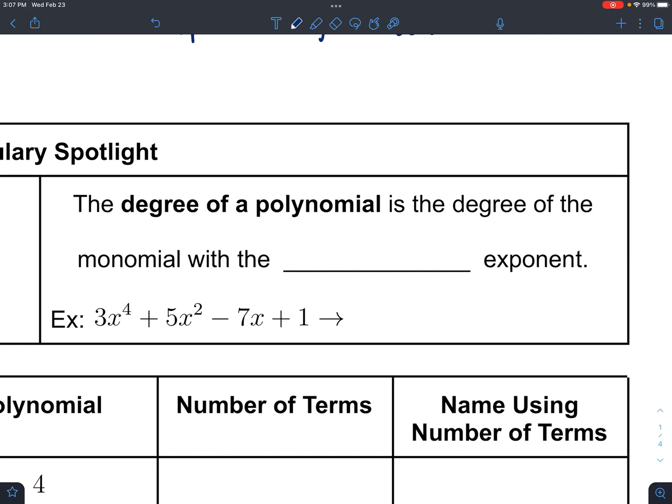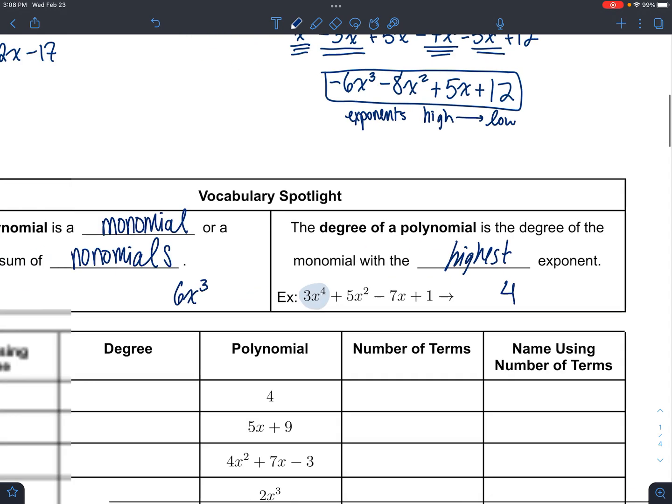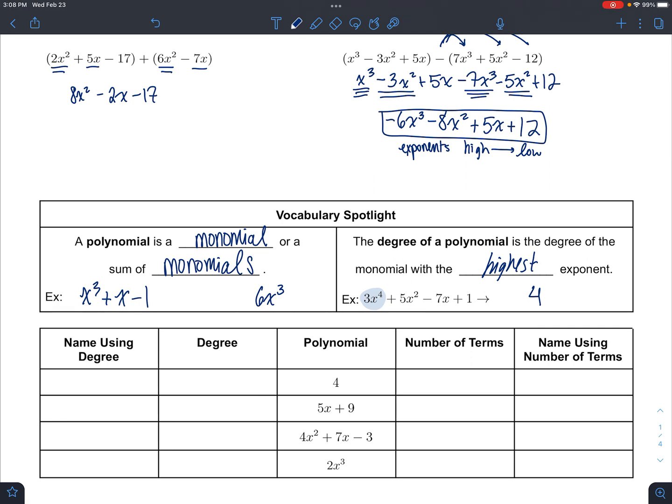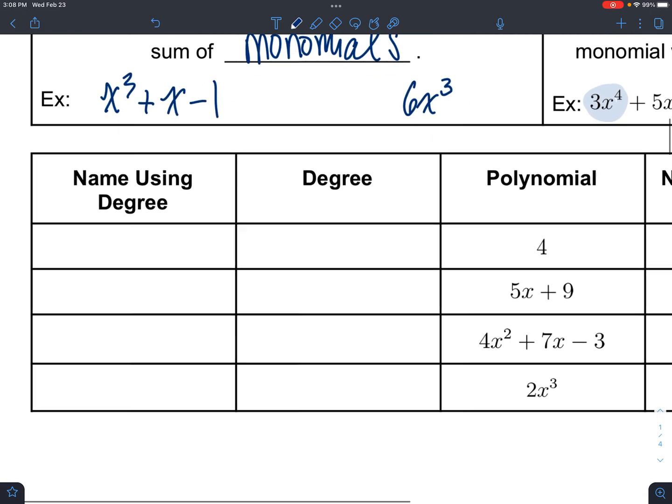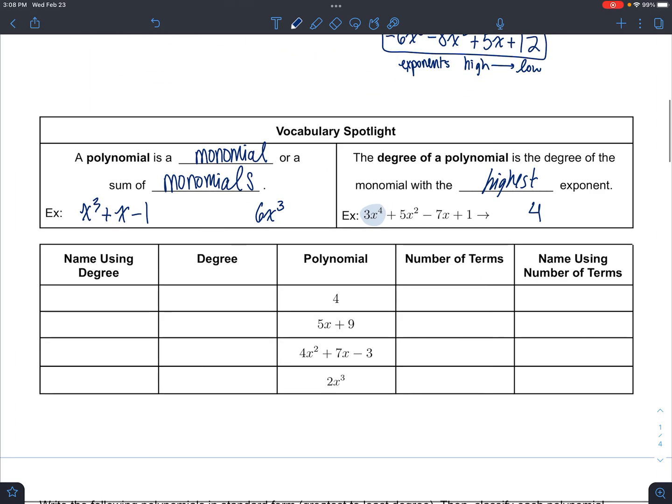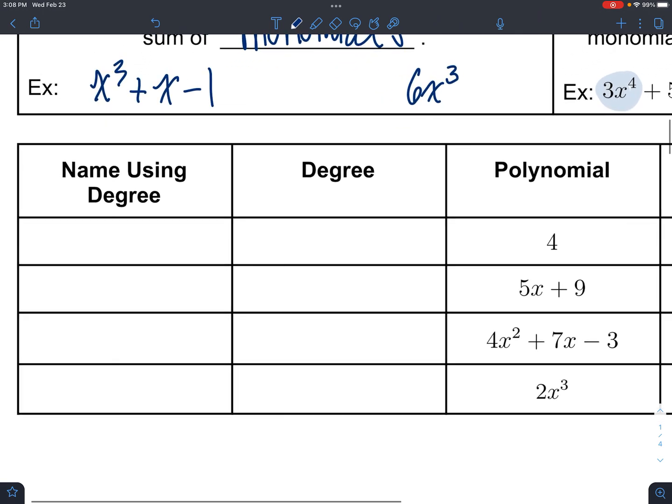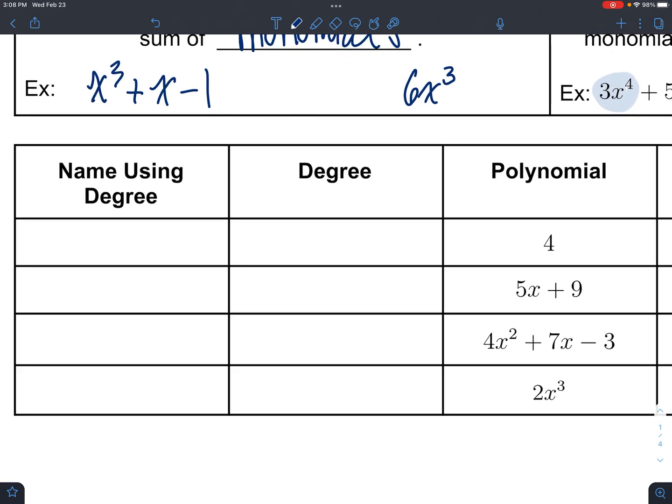And when we talk about degree, we're talking about the highest or largest exponent, which in this case would be 4. So this is a 4th degree polynomial. It all depends on ordering these and putting the biggest one first, and that is your degree, the exponent on the biggest term. So this table is real nice. I'll be using this probably on a test with different polynomials and different things filled in.